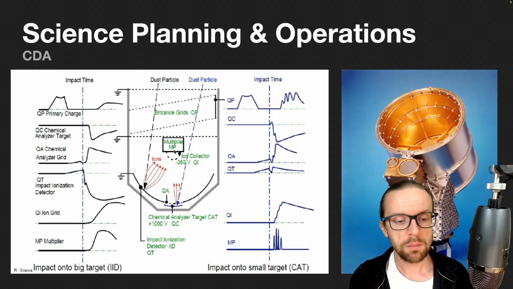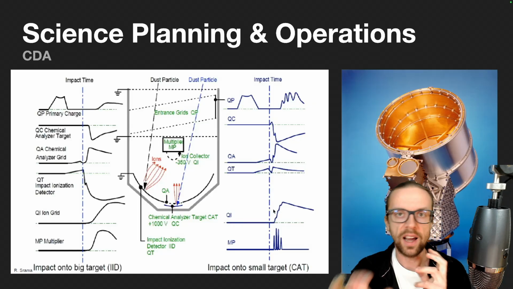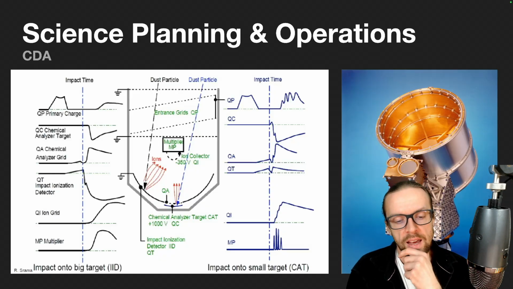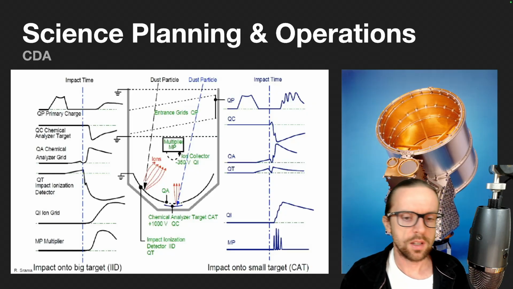Before we go to the multiplier, beforehand it was flying through the ion collector QI with minus 350 volts. So you see here the QI, this is like a charge. Then the charge increases and then decreases afterwards because the ions were flying through the instrument, through the grid here. And based on the QI signal, you were also able to determine the velocity and the mass of the particle and what have you.